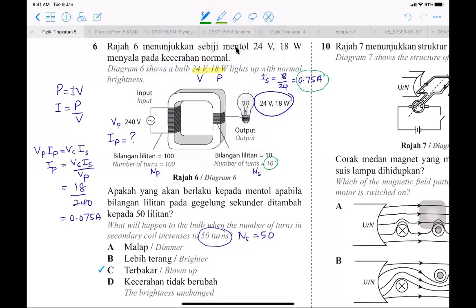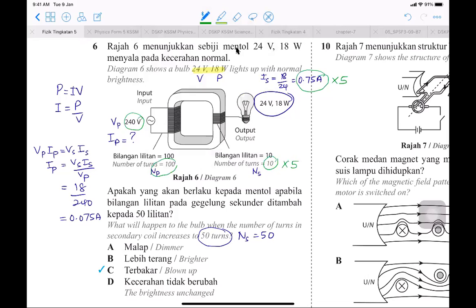Now when you increase the number of turns into 50, means it increases 5 times. So let's say kita ambil itu dia punya value, and then you just times 5.